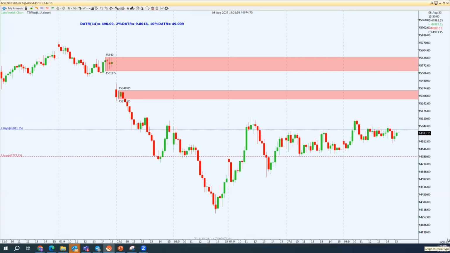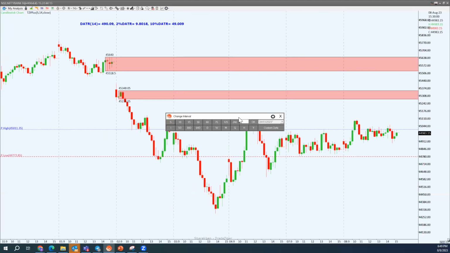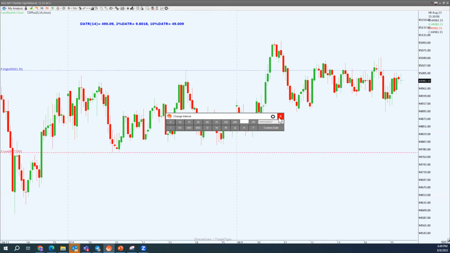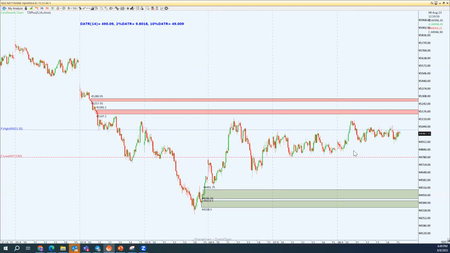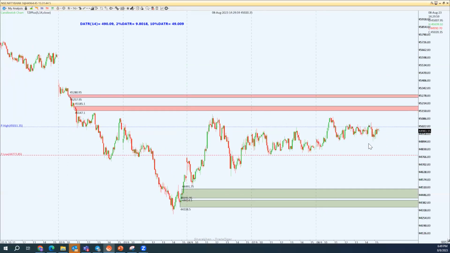And on the downside, let me go to the 5 minutes just to get some levels on the lower side. The only clear level will be around 44,490. That is where, if we get any chance, we look to go long. So basically there was no movement at all today and yesterday as well.